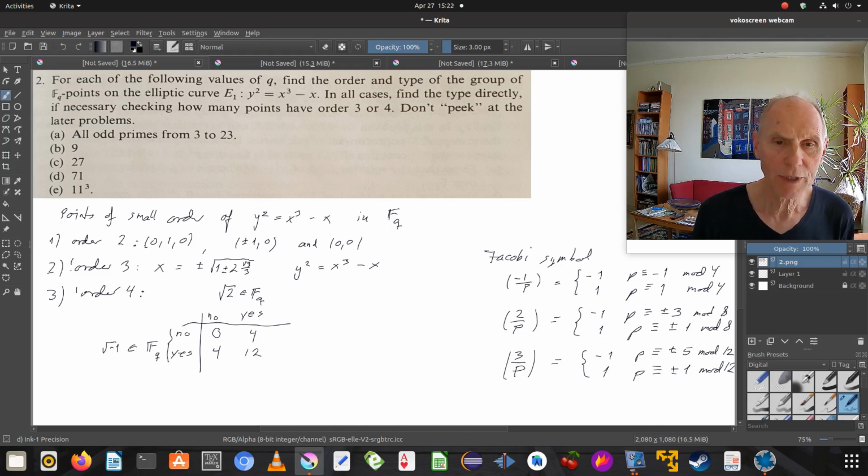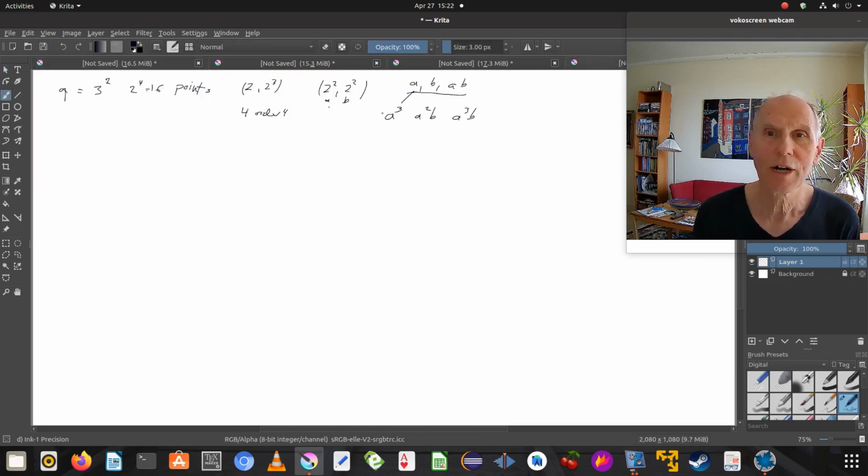So we check whether 2 or minus 1 lie. The square root of 2 or minus 1, that's the same. So one of them must, because we have elements of order 4, and then they both do. So without performing any computations, I can say that this is the answer. Right, 27.